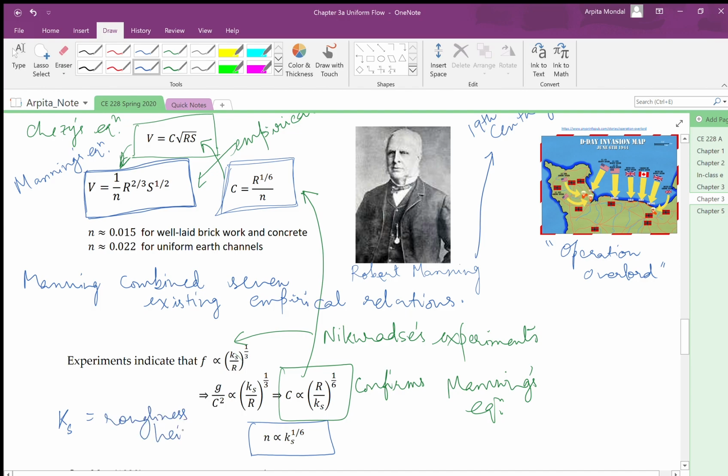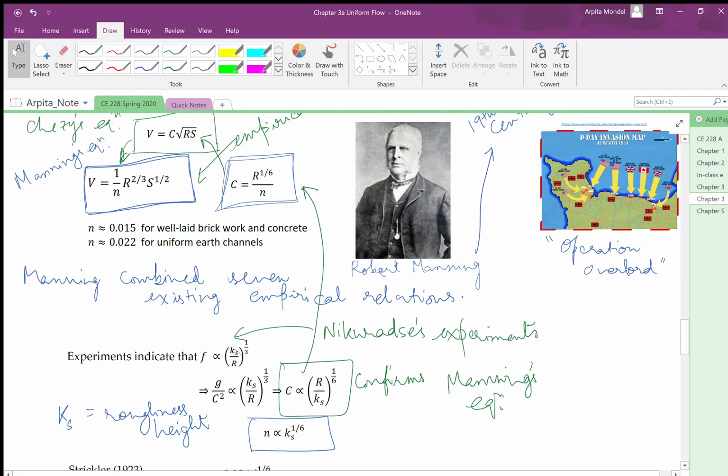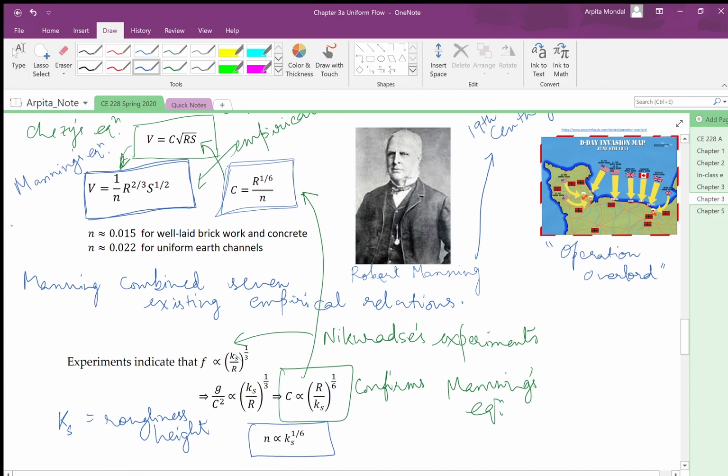So Manning's n is proportional to roughness height raised to the power of 1/6. Manning's equation is also known in Europe particularly as Strickler's equation.